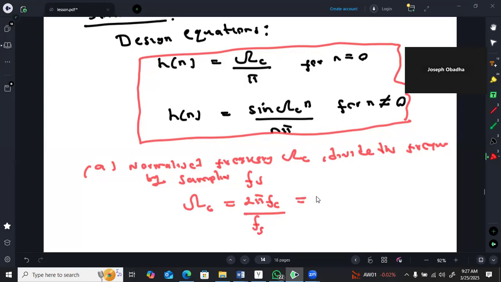So we'd have 2 pi times 800 over 8,000. The other way of looking at it is that we have normalized this, then we have multiplied by pi to get the omega.